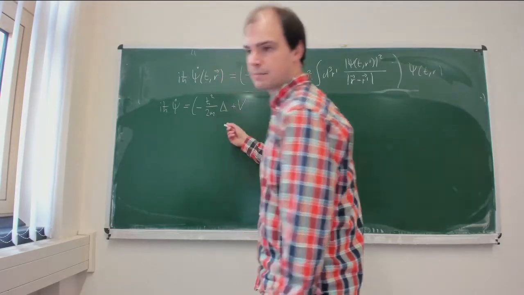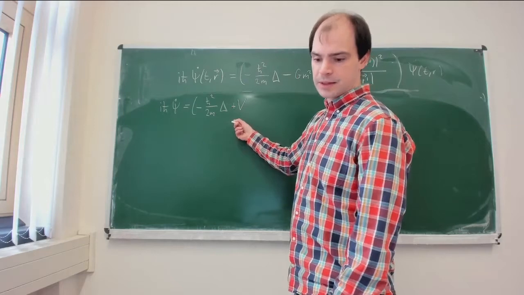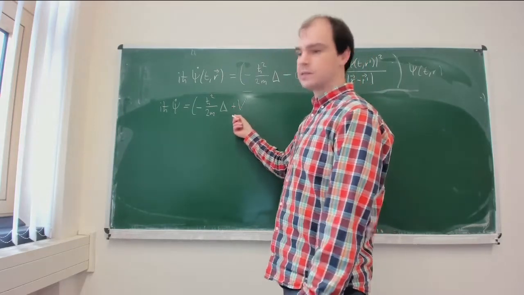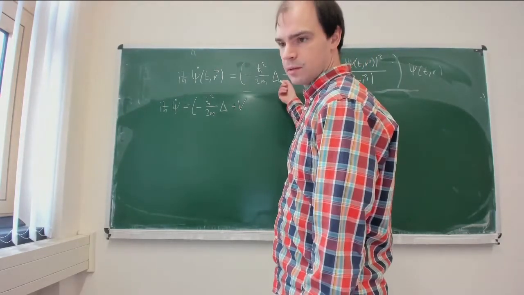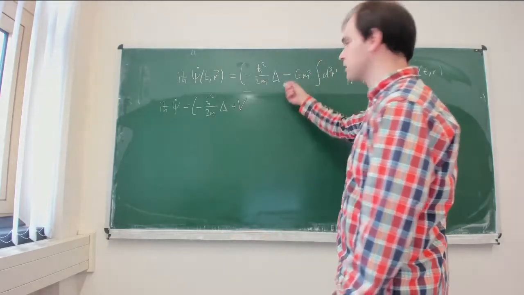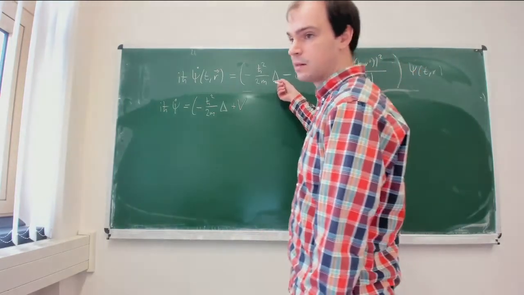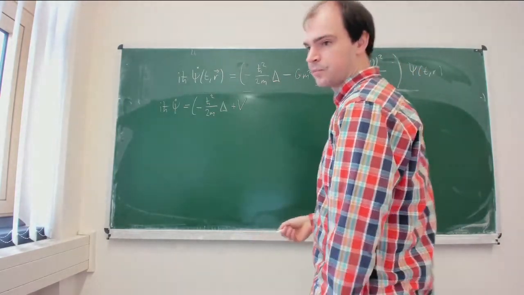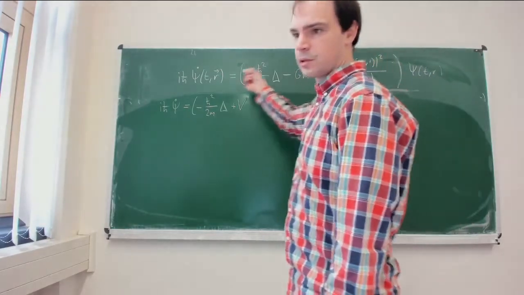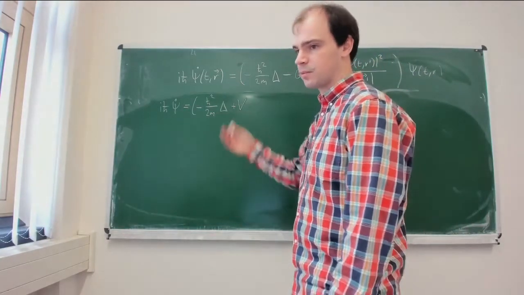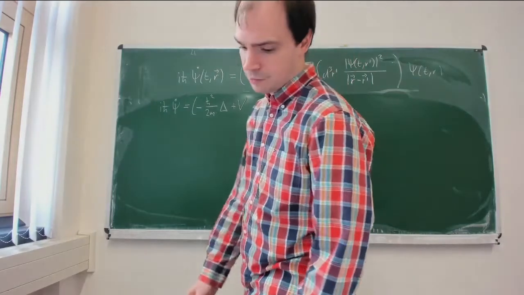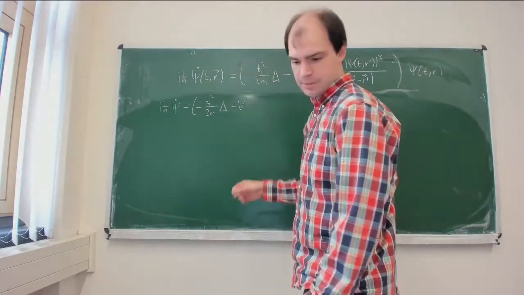We can have a linear potential V, just any linear potential, which does not appear here, but we could simply add any linear potential to this equation, if we have, for example, not just our Klein-Gordon field, but also some external electromagnetic field or something.